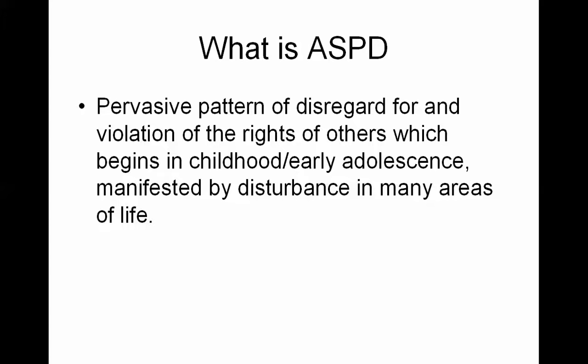That doesn't necessarily mean that we're all antisocial personalities, but rather it is a person who has significant trouble in functioning. Their life is not going well because of their pattern of behavior, in different fields of life. For example, at work, at home, in marriage and with family. So there are many aspects to the problem.